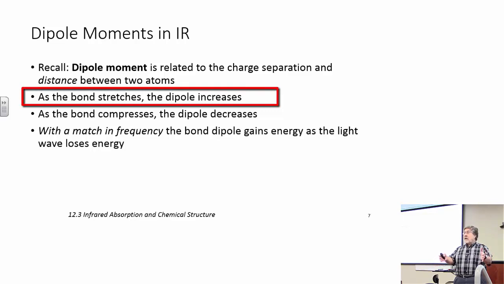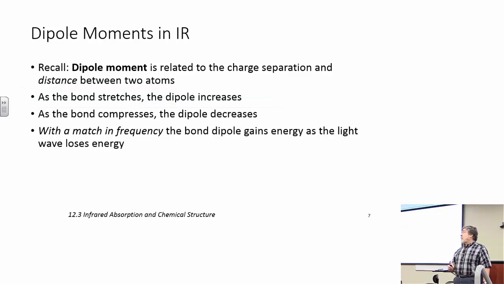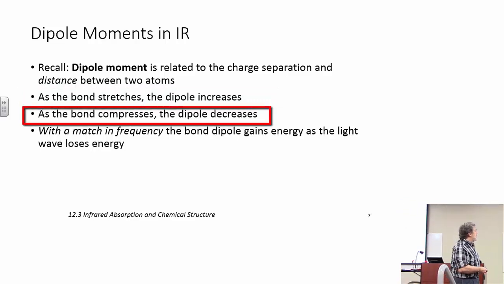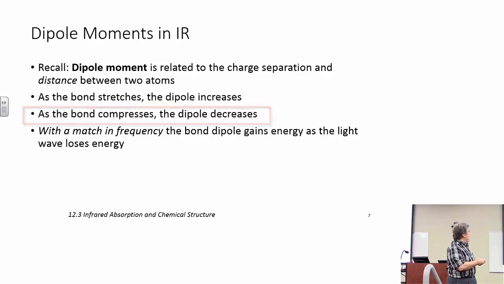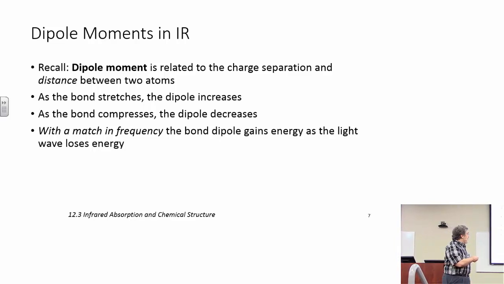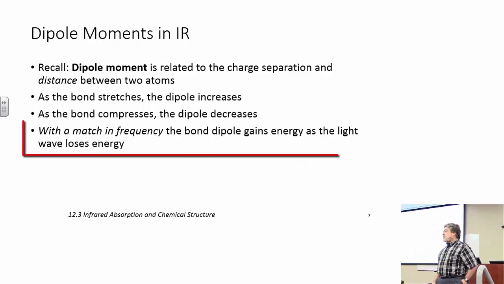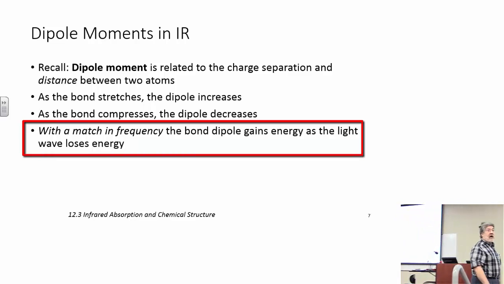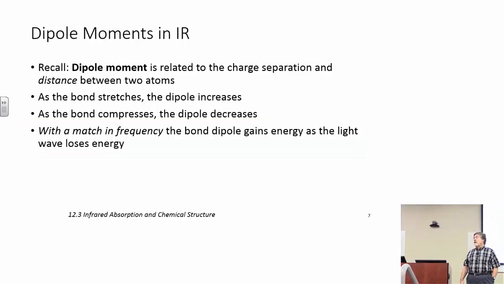And then when the bond compresses again, the charge separation goes down and the dipole goes down. So bond stretches, dipole increases, bond compresses, dipole decreases. And again, match of frequency is what matters. Okay? So a couple of the basics for why infrared spectroscopy is possible in the first place.